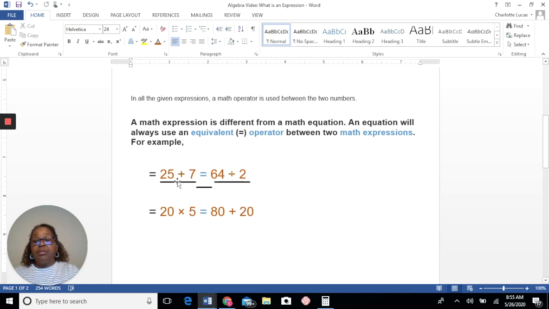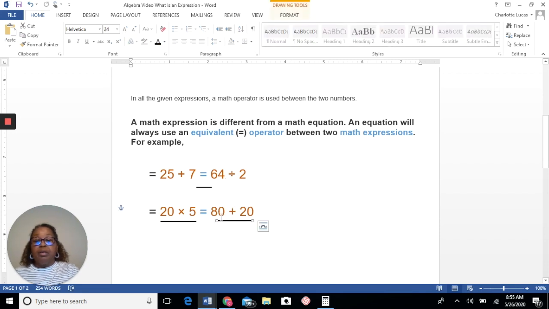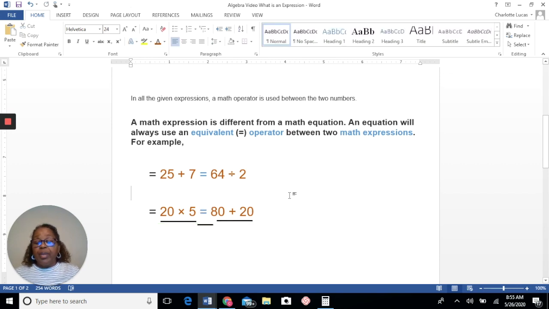Let's do it again. Here we have an expression, number, operator, number. That's the expression. We have another expression, number, operator, number. And in between the two is your equivalent operator. Now, an equivalent operator, this is the part that must be very clear.